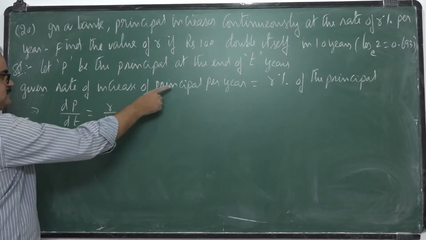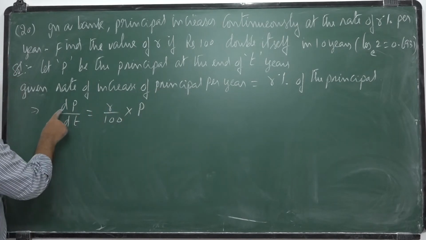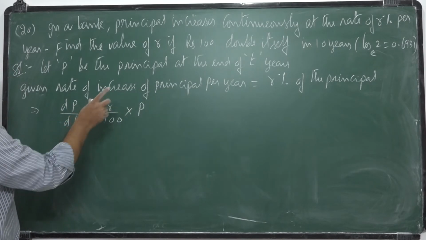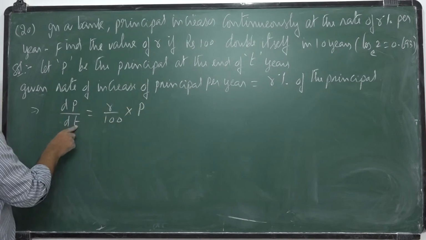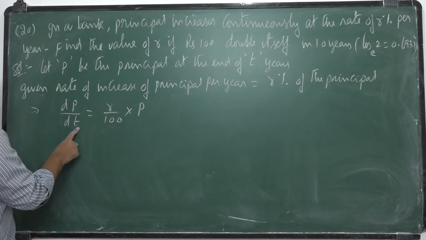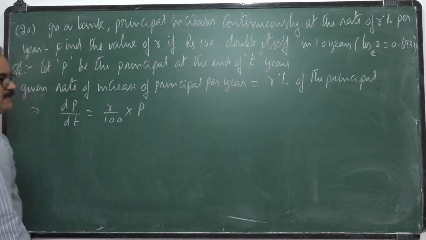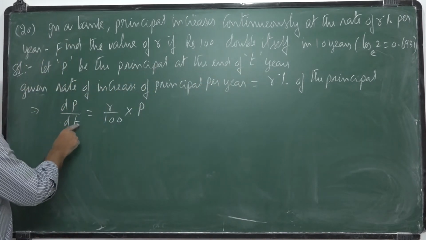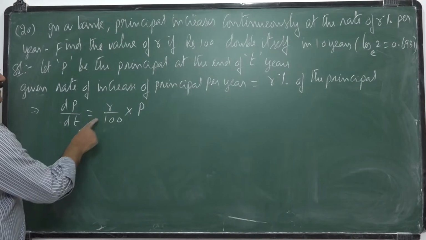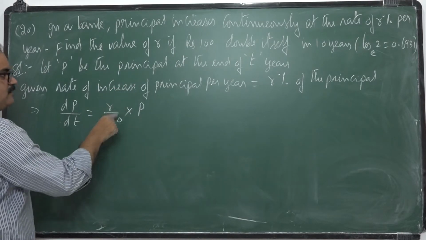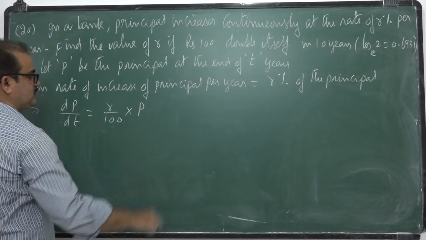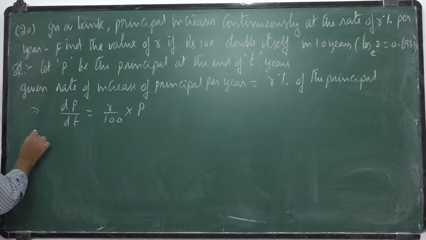Rate of increase in principal per year. Rate of increase means rate of change in P value with respect to T. Why do we take it with respect to T? P is the principal at the end of T years. So dP by dt is equal to R percent, R by 100 of the principal value, into P. Okay.